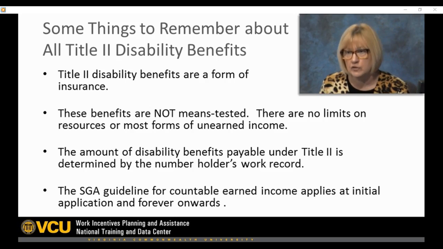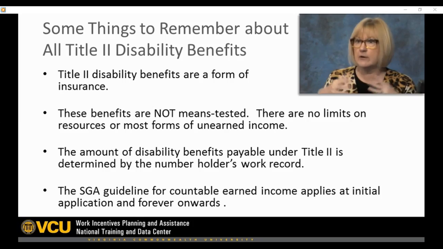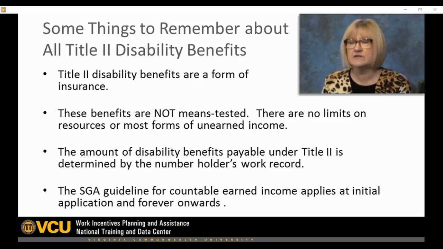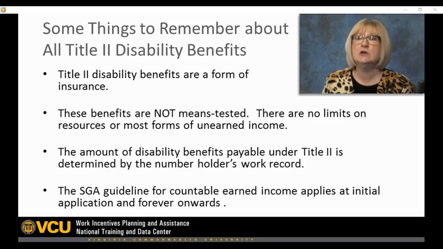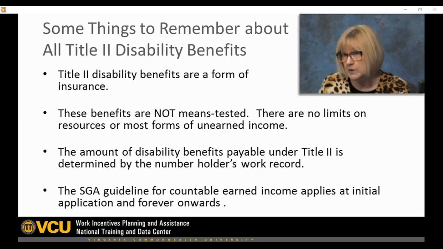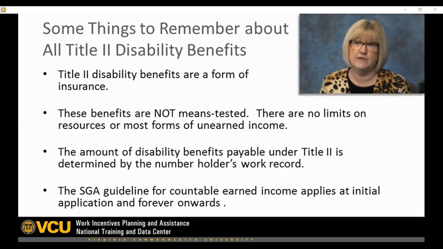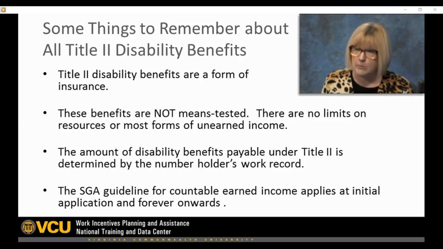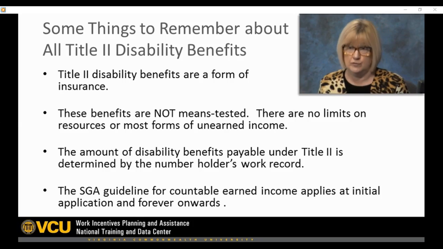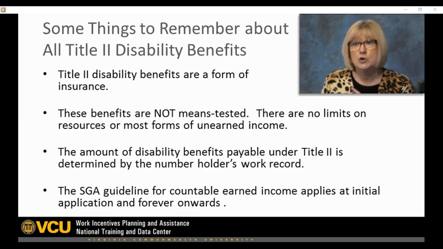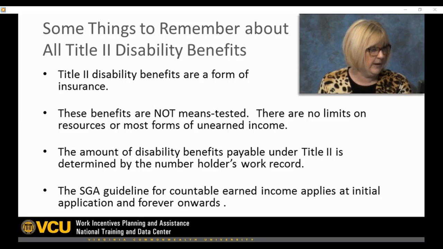This is an insurance program. No matter how much you may have in assets, if you became disabled and you met the requirements, and you were unable to support yourself by working, this is a benefit that would be available to you no matter how much you had in the bank, how much you owned. Okay, it's not means tested. No limits on resources or unearned income.